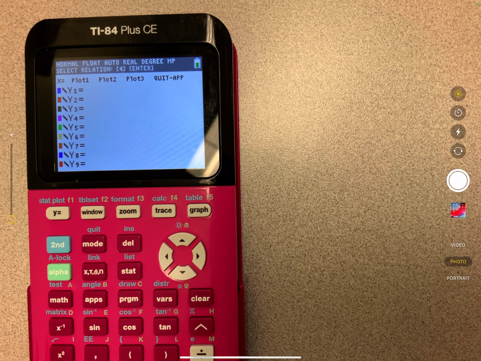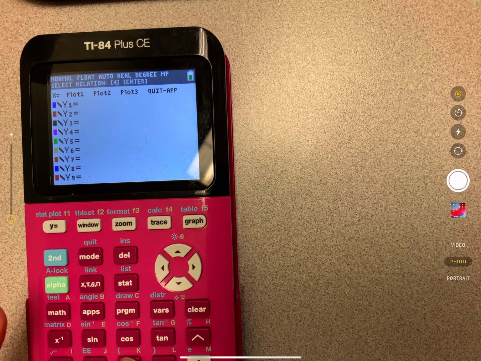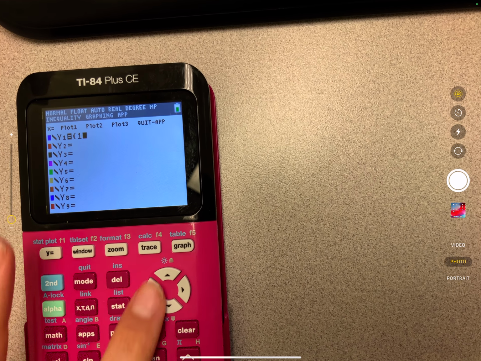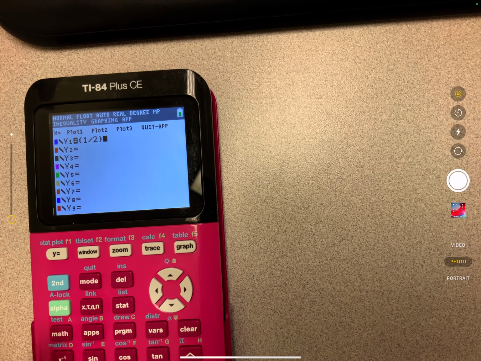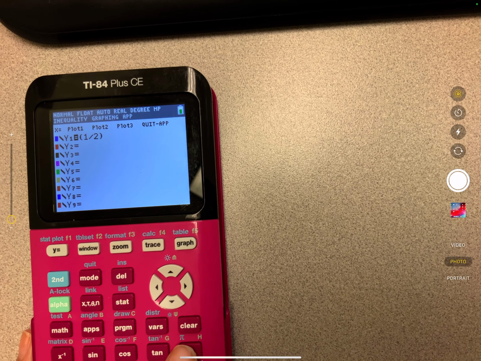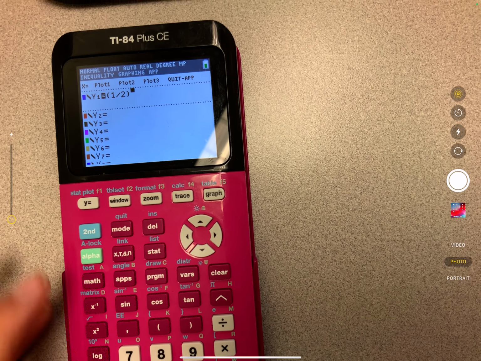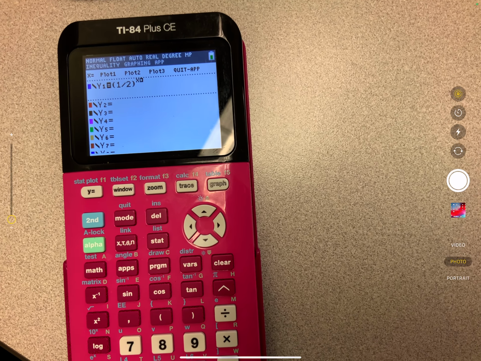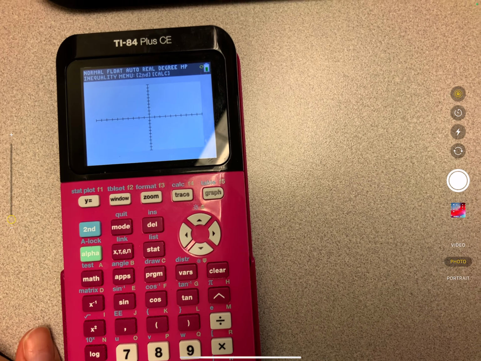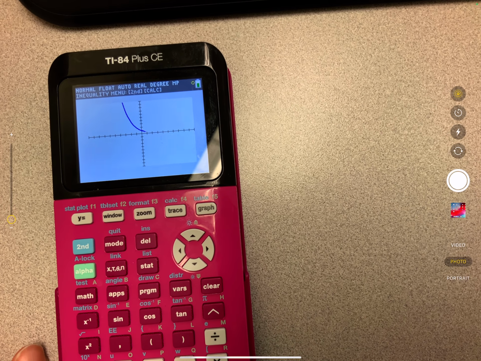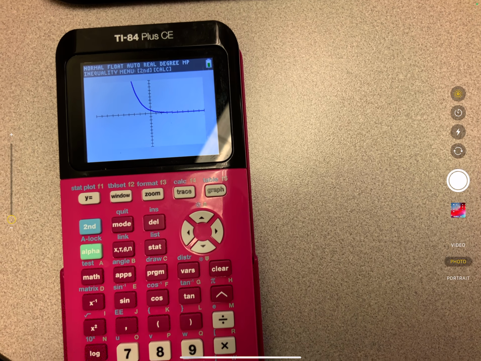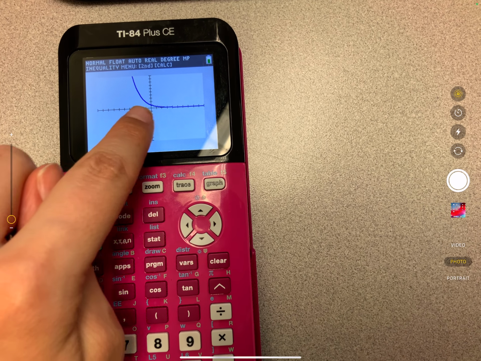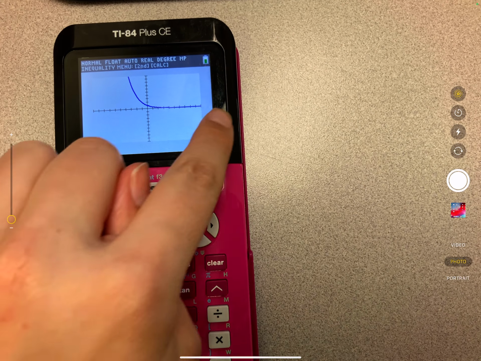So put in parenthesis, 1 divided by 2, close the parenthesis, raised to, I'm going to hit this caret, the x, remember the x is right here next to your alpha, and then I hit graph. Now, because it's a fraction, we expect this to be decreasing, to be going down, whereas the first one we had went up. So now this one's going down.